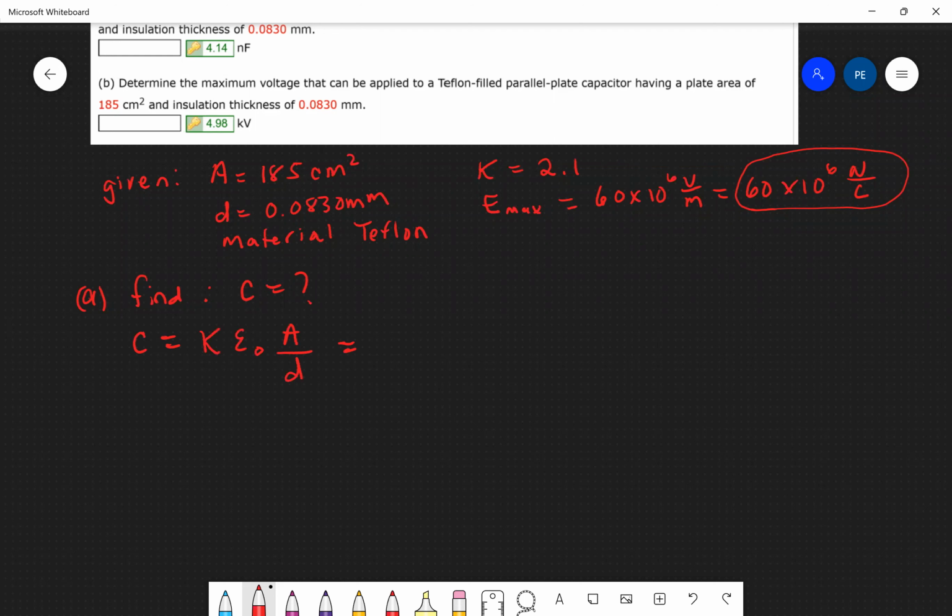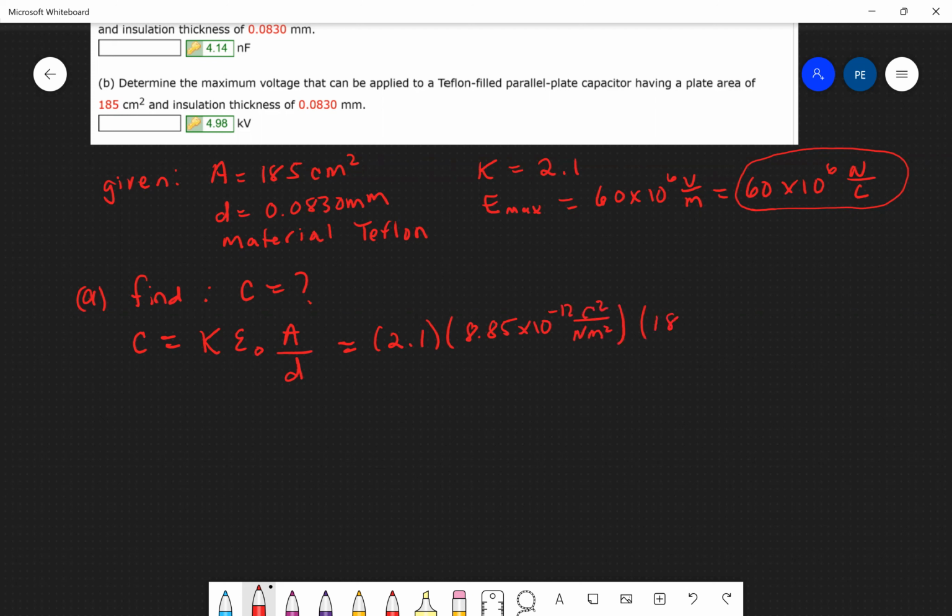And so here we have the value 2.1, epsilon naught, which is 8.85 times 10 to the negative 12 coulombs squared over newtons times meters squared, times the area of the plates, which is 185 centimeters squared.